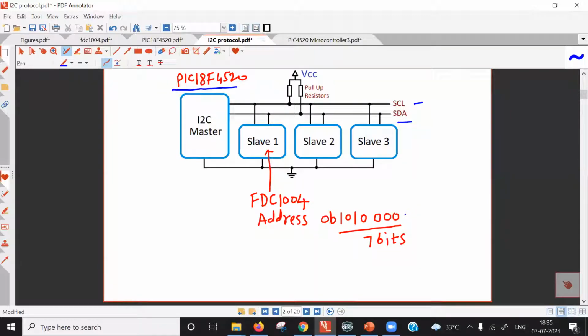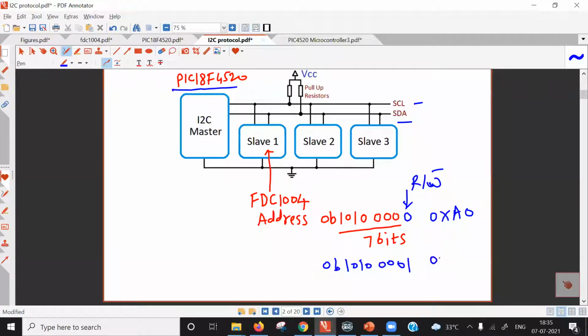When the last bit is 0, it means that in the next cycle there will be a write operation to the slave device. When you combine the 7 bits and the last bit logic 0, what do we get? 0xA0. And if you want to perform a read operation, then the last bit will be logic 1.